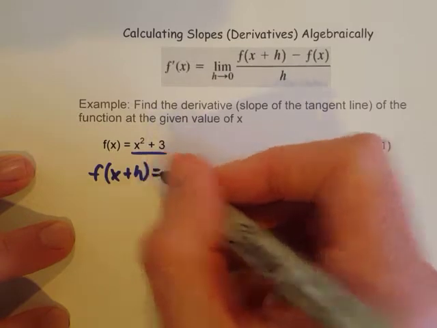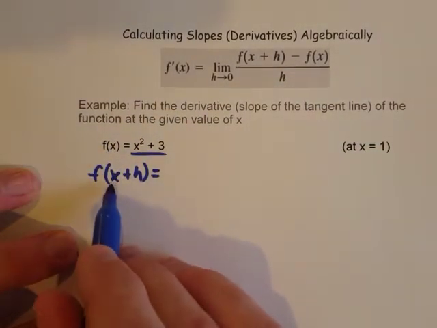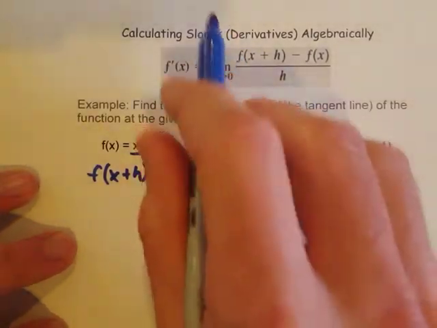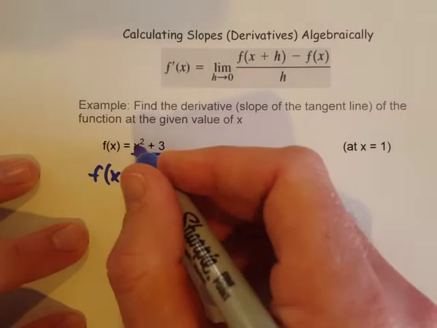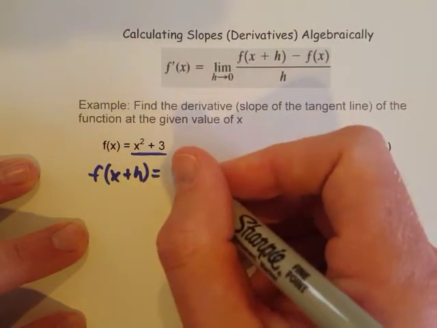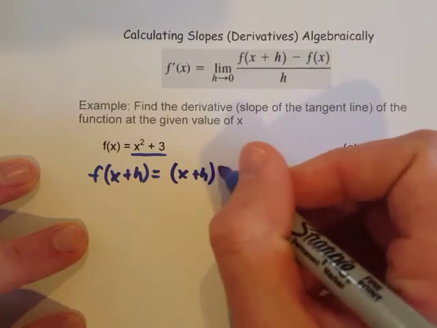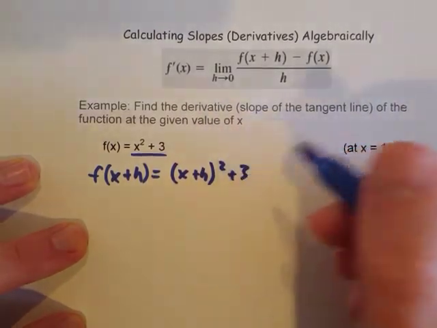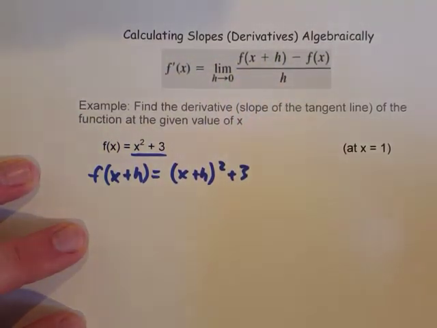Now, this means taking wherever we had x and plugging in x plus h. So in this formula, x squared plus 3, I'm just going to replace x with x plus h, and so it looks like this. It's going to be x plus h squared plus 3. This represents the first part of this formula that we're going to plug in.